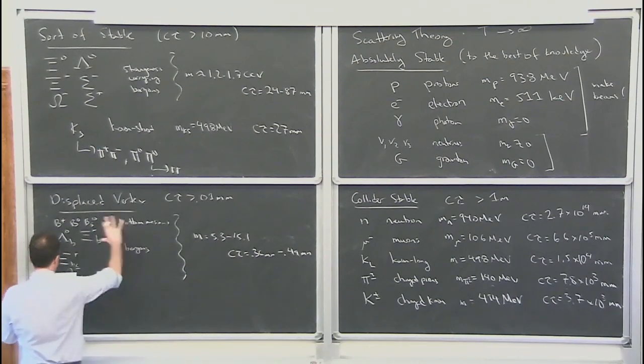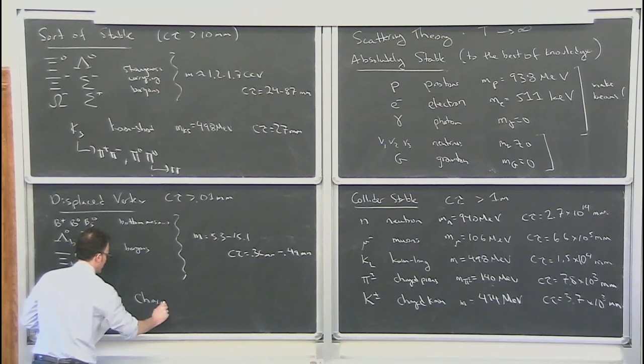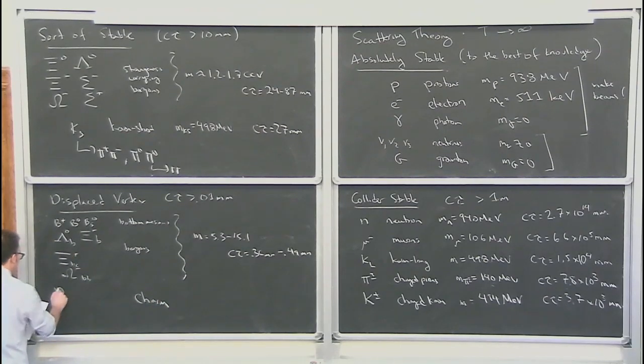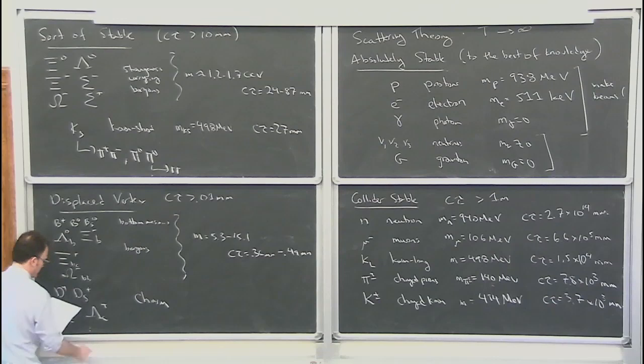This is for the bottom system. You basically have the same thing with charm. And now I'm getting really lazy, so I'll just write a few of these down. So on and so forth.